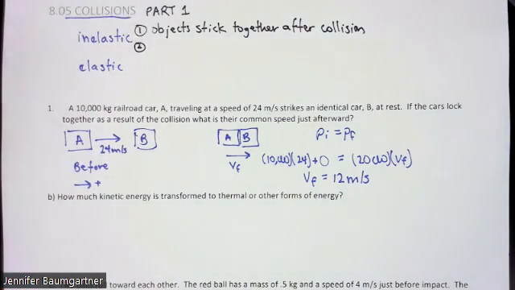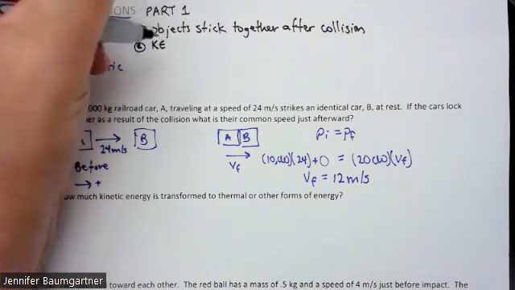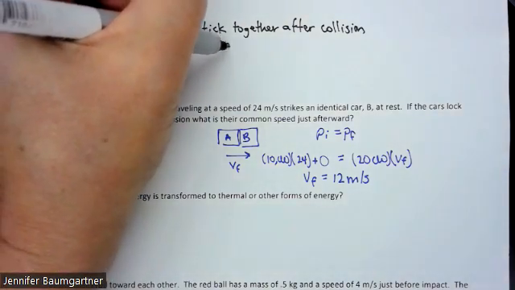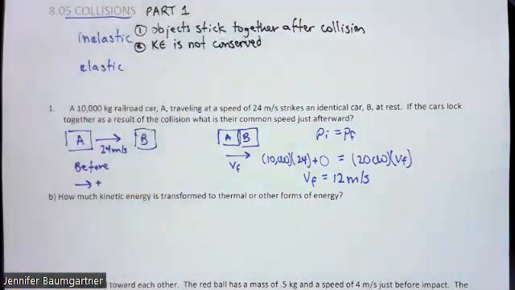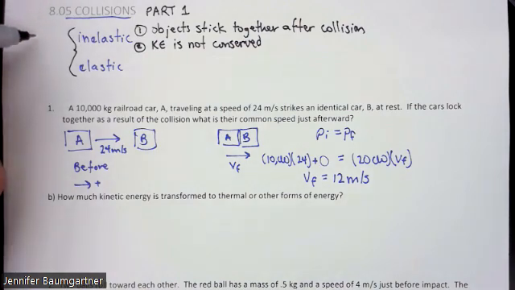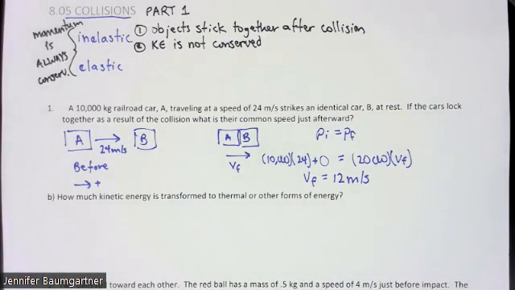But the better way to define an inelastic collision is that kinetic energy is not conserved. But for all collisions, whether they're inelastic or elastic, momentum is always conserved. Sometimes kinetic energy is conserved and sometimes it's not.